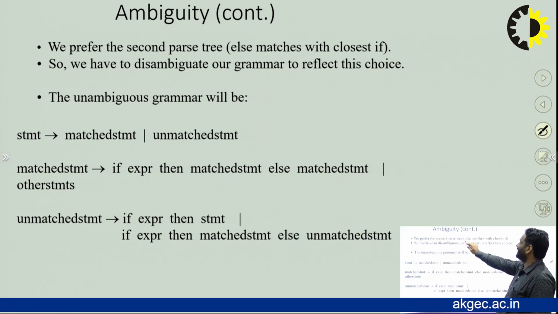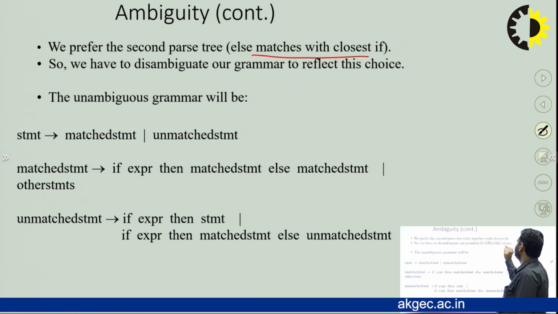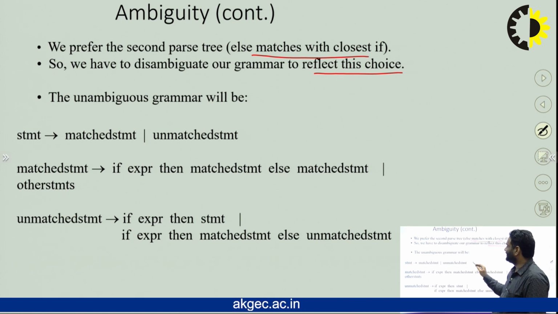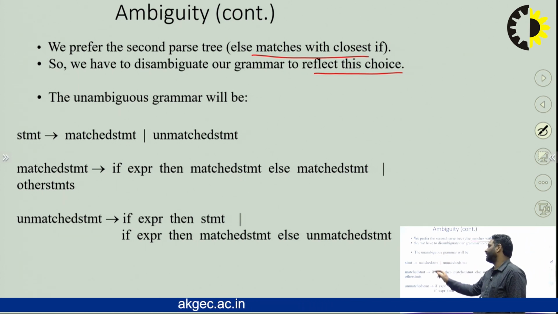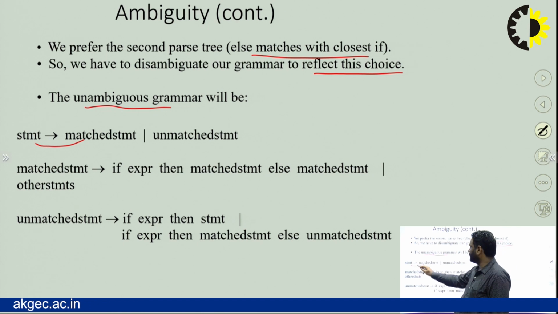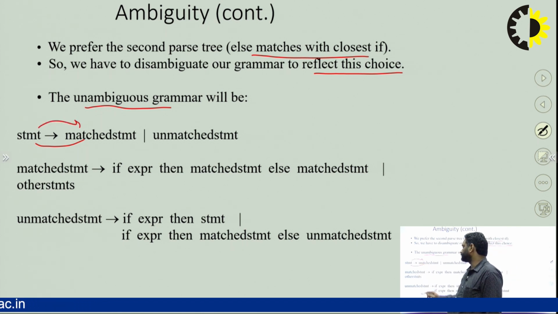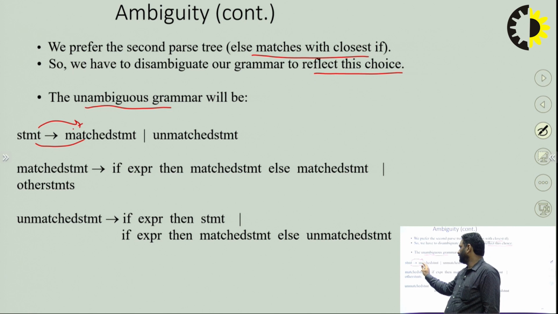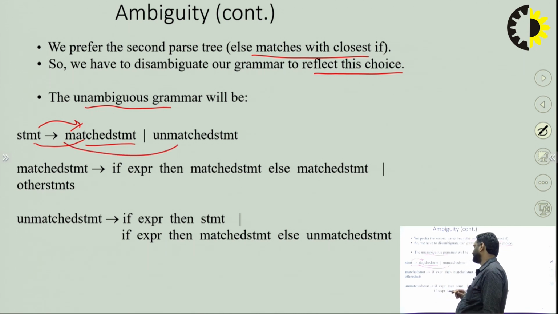We prefer the second parse tree, which matches each else with the closest if. We have to disambiguate our grammar to reflect this choice. To make this ambiguous grammar unambiguous, we need new non-terminals. The first productions will be statement gives matched statement, and statement gives unmatched statement.